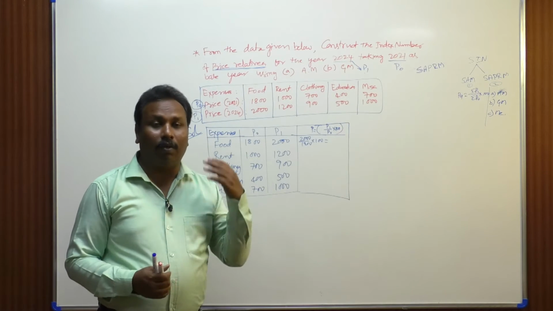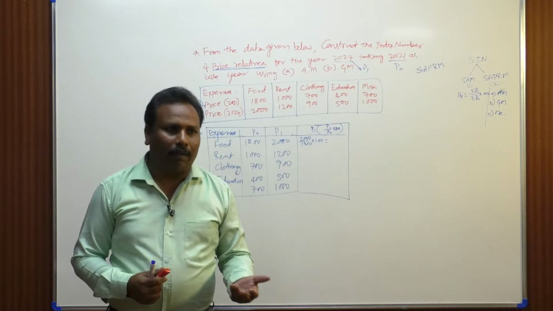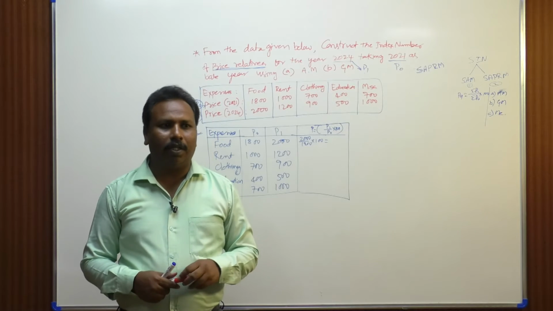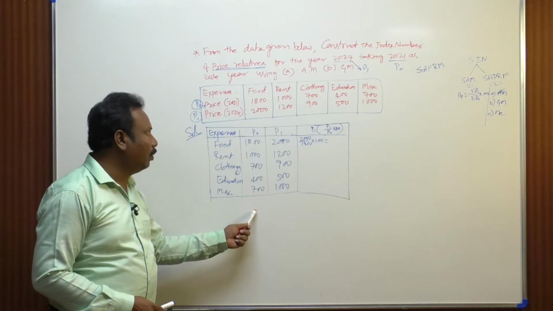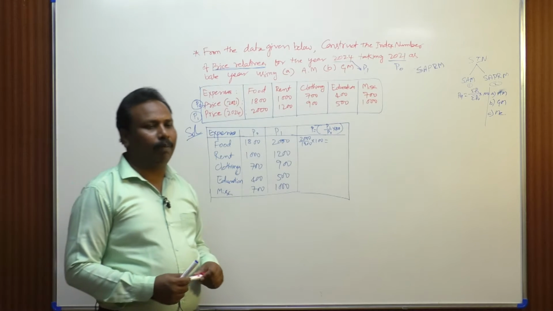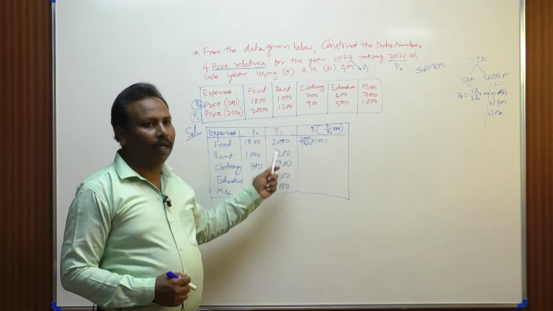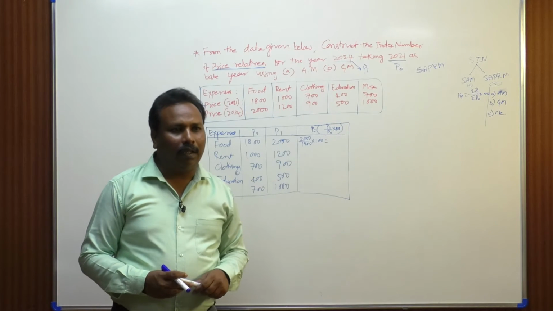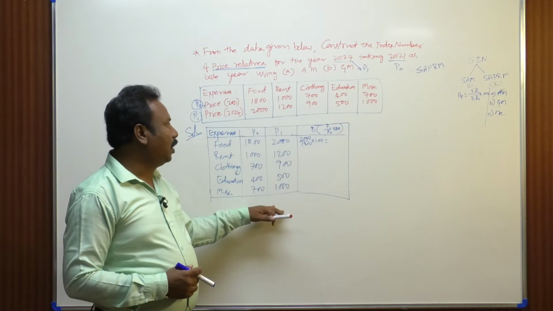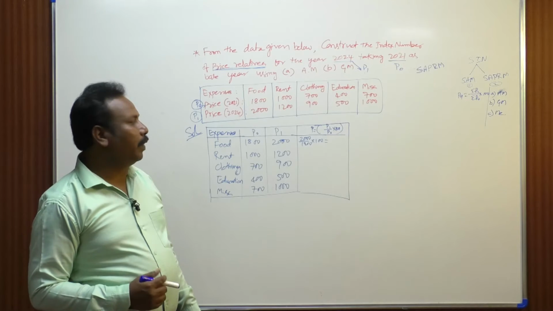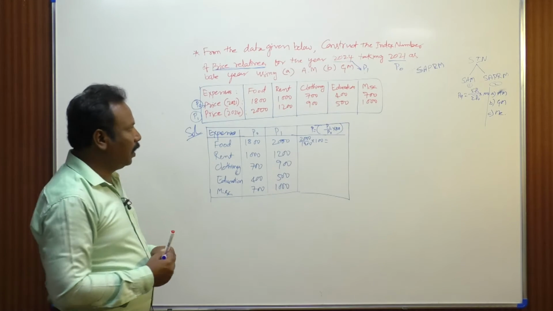Prices in the year 2021, the base year: food 1800, rent 1000, clothing 700, education 400, miscellaneous 700. That is P0. Like that, the current year prices: food 2000, rent 1200, clothing 900, education 500, miscellaneous 1000. Based on that, you have to calculate the P value.